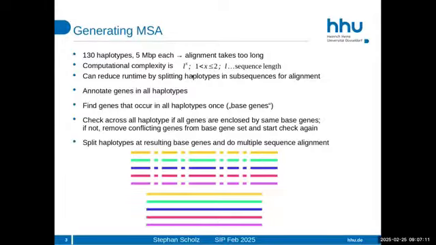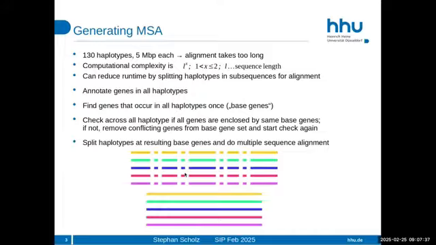And this nonlinearity gives us a chance to cut down the runtime by splitting the sequences into shorter pieces and aligning the shorter pieces. Since we annotate these haplotypes anyway, we use genes to cut down the sequences, and we select genes that are stable in their order, and then align the genes separately and the intergenic regions.